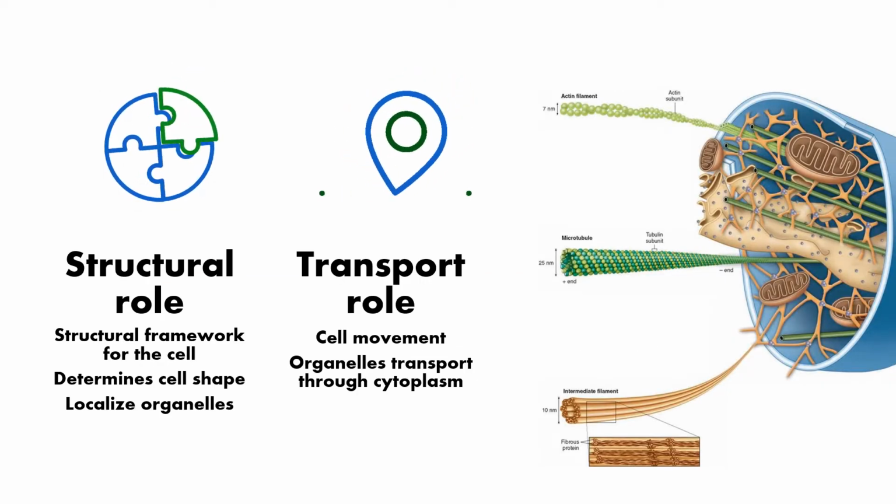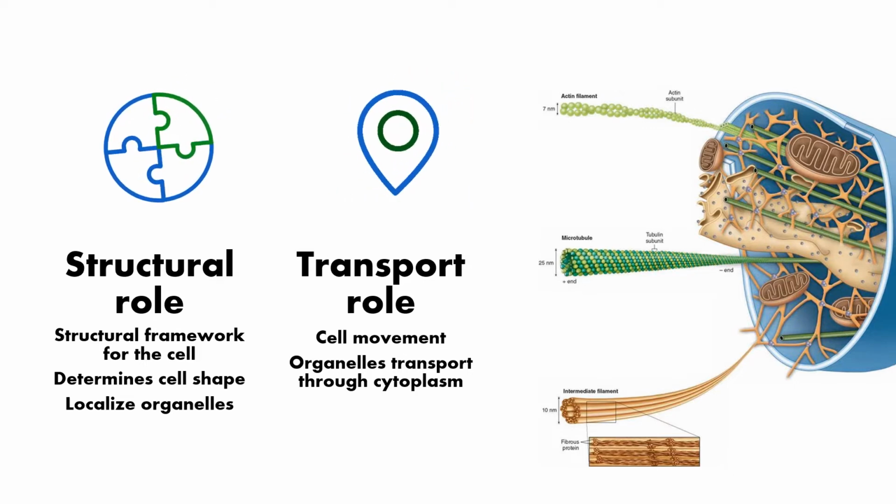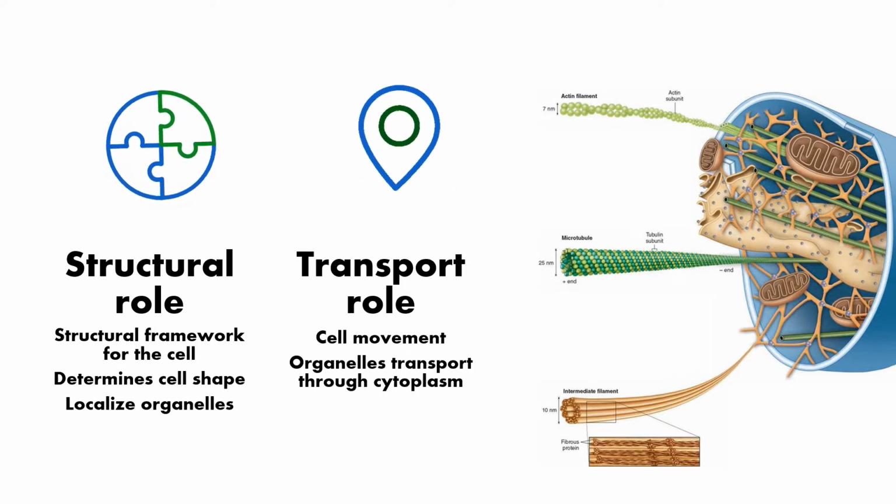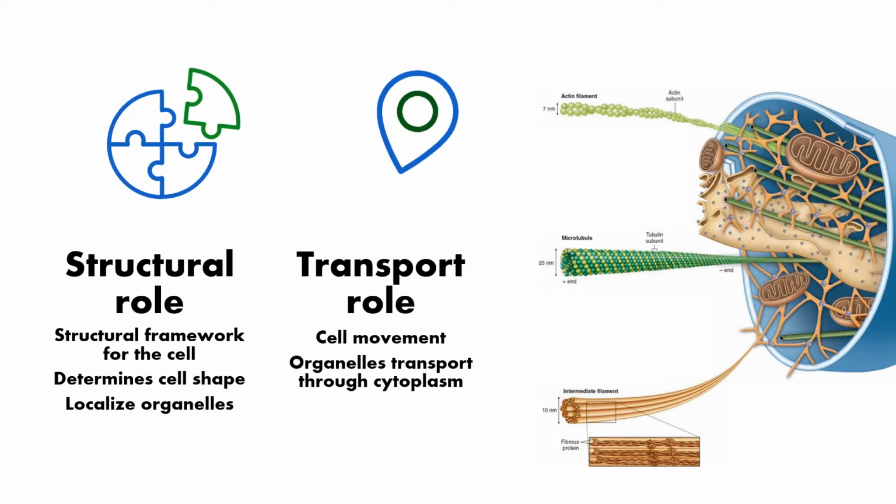There are two main roles for the cytoskeleton. First of all, it consists of a network of protein filaments extending throughout the cytoplasm. There are two roles, as we said. There is a structural role, which is providing a framework for the cell that determines cell shape and position of the organelles.